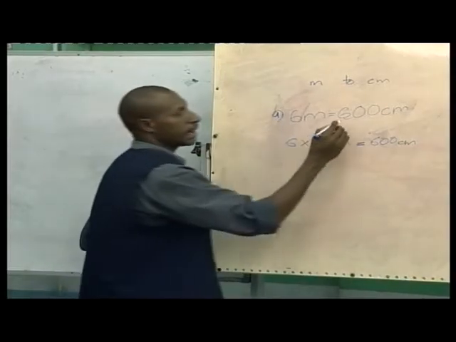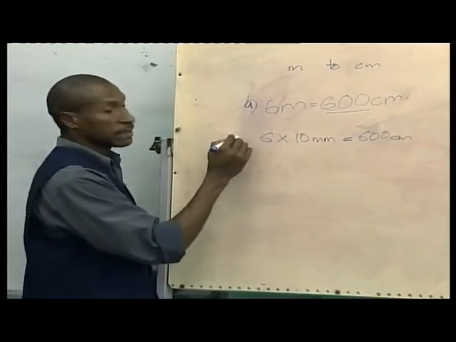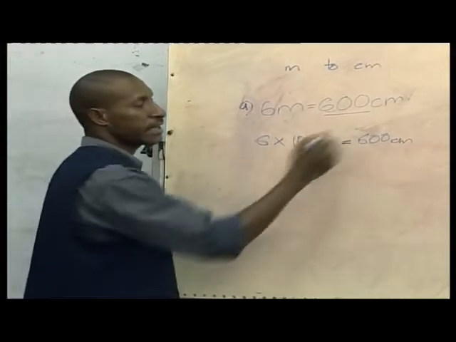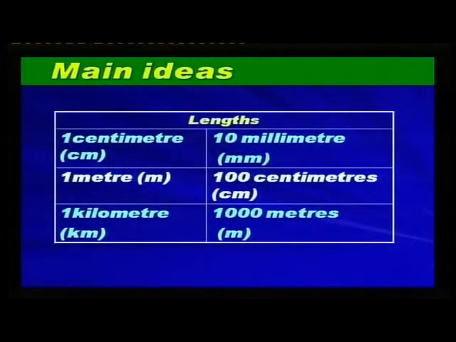Now let's look at our friend Mary Liz's working out. Her answer is 600 centimeter, but her working out, does it match her answer? No. So what is the correct conversion here? She should have multiplied by 100 centimeter.